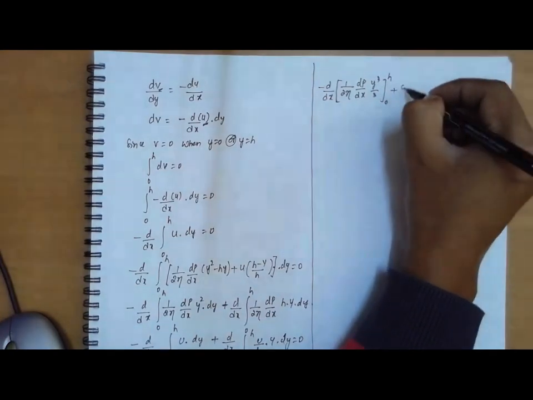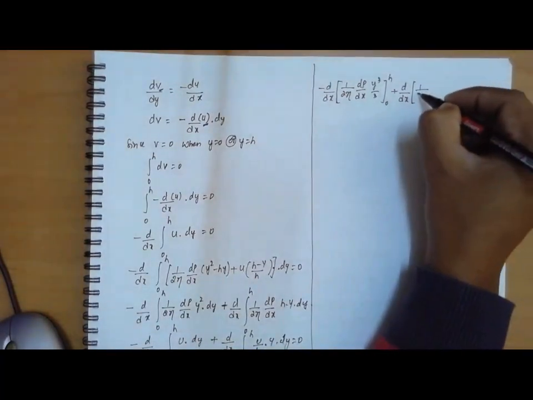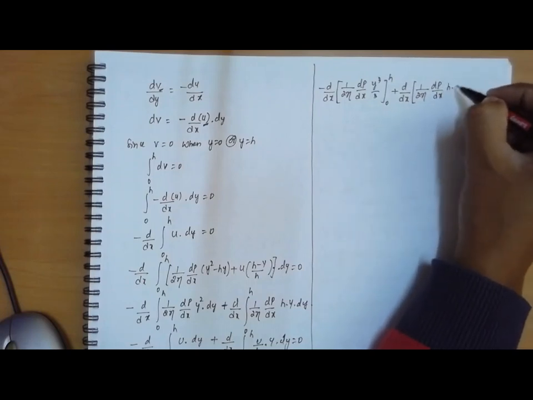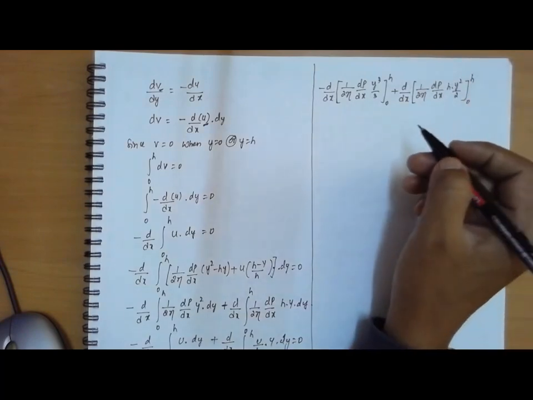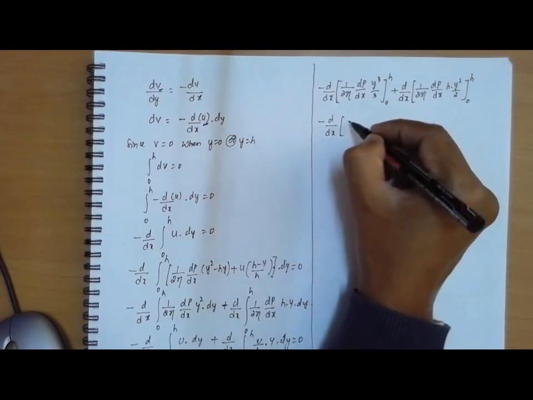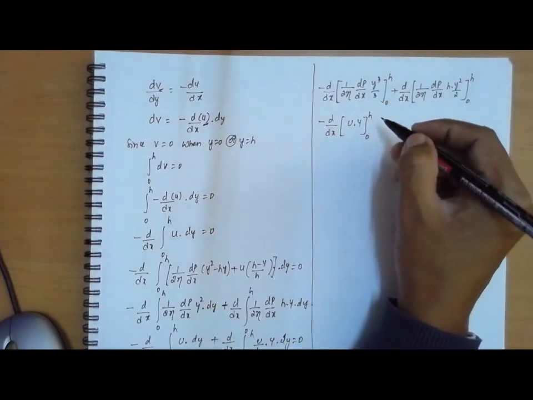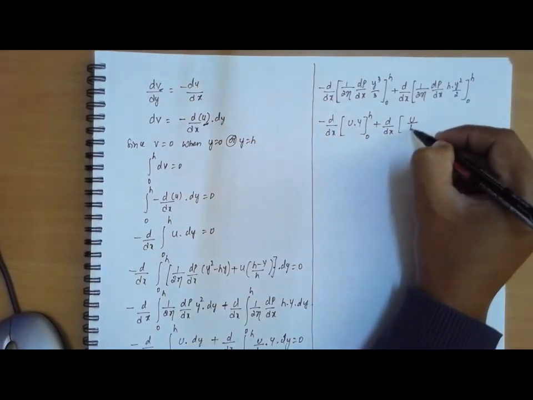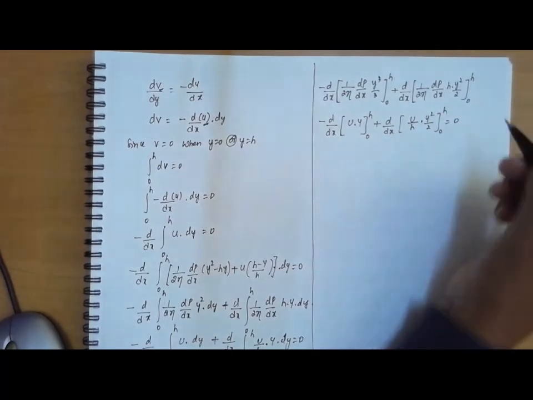Plus d by dx of 1 over 2 eta dp by dx, h into y, and the integral of y is y square by 2 between the limits 0 to h, minus d by dx of u into h into y, plus d by dx of u into h y square by 2, between 0 to h, and equal to 0.